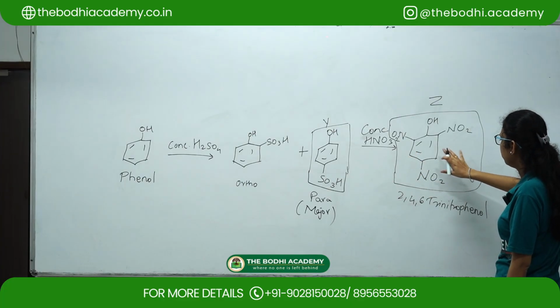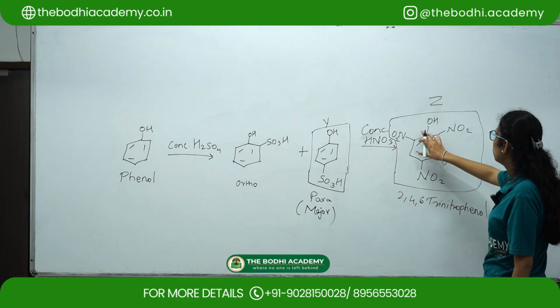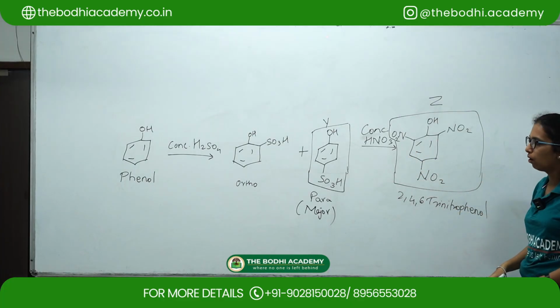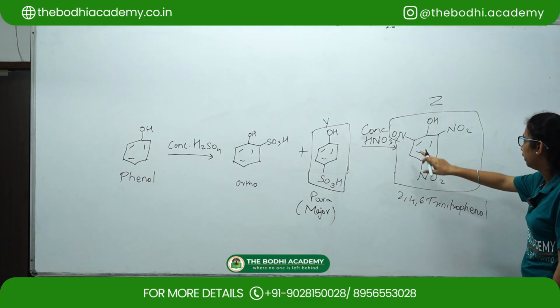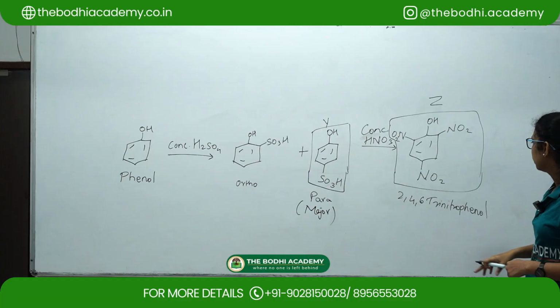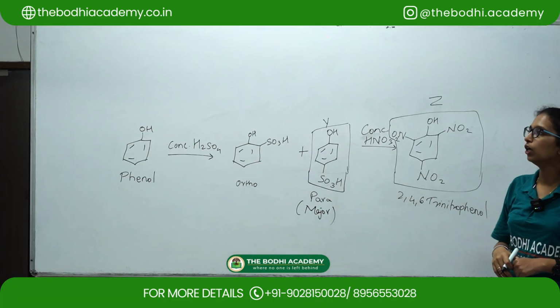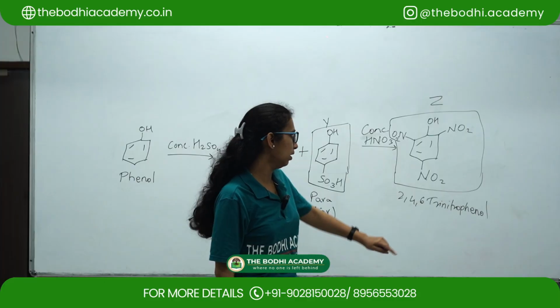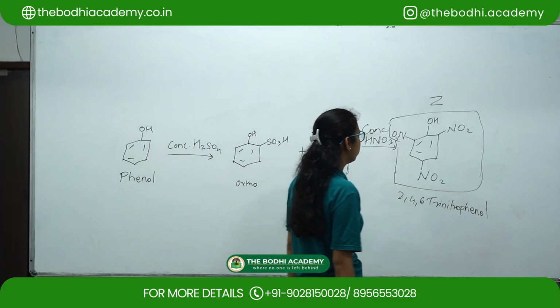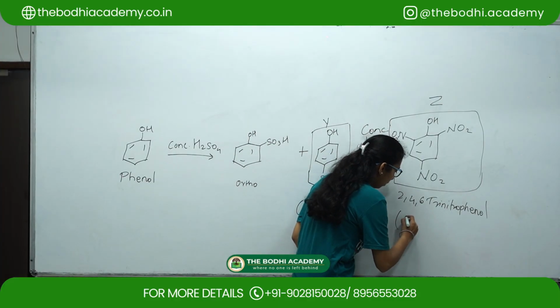So what will happen? You get this product, that is tri-substituted phenol, 2,4,6-trinitrophenol. This is the IUPAC name of the molecule. You can pause the video and think what is the common name for this molecule.